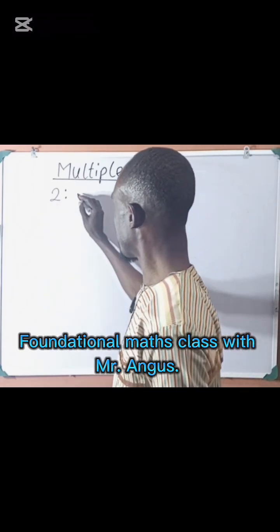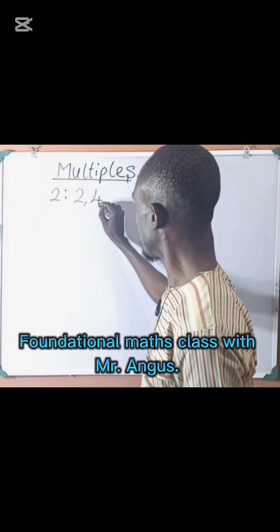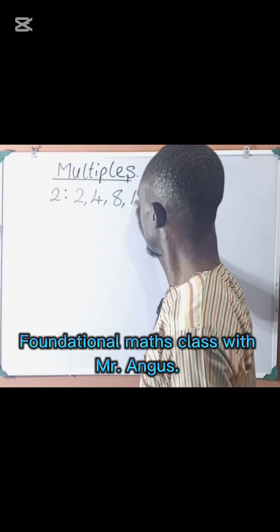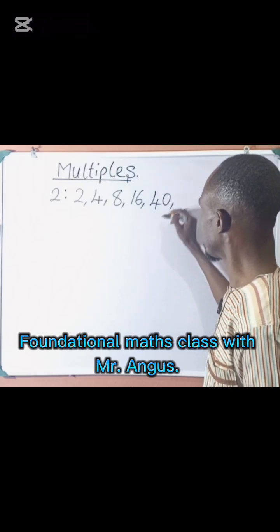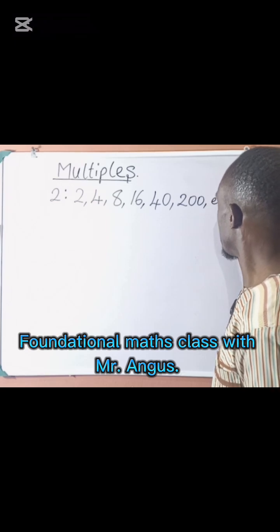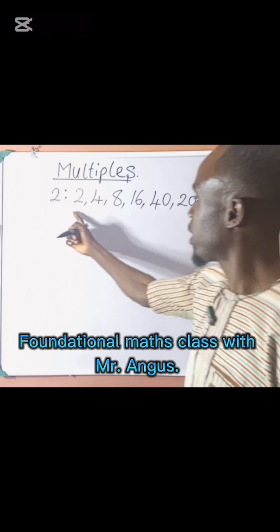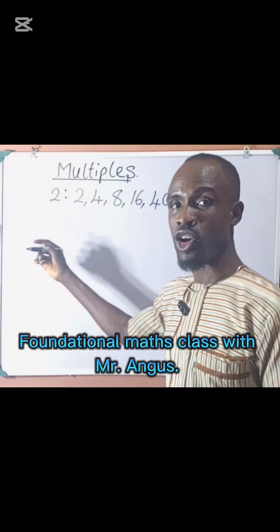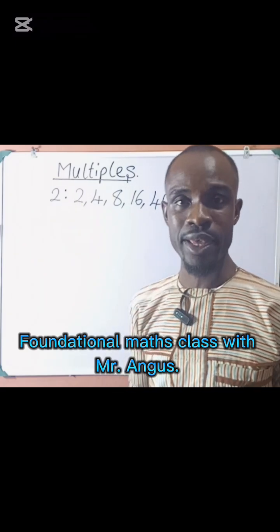Now, those numbers are, we have 2 itself, we have 4, we have 8, 2 can also divide 16, 2 can divide 40, 2 can divide 200, and so on. Now, all these numbers here are called multiples of 2, because 2 can divide all of them without leaving a remainder.